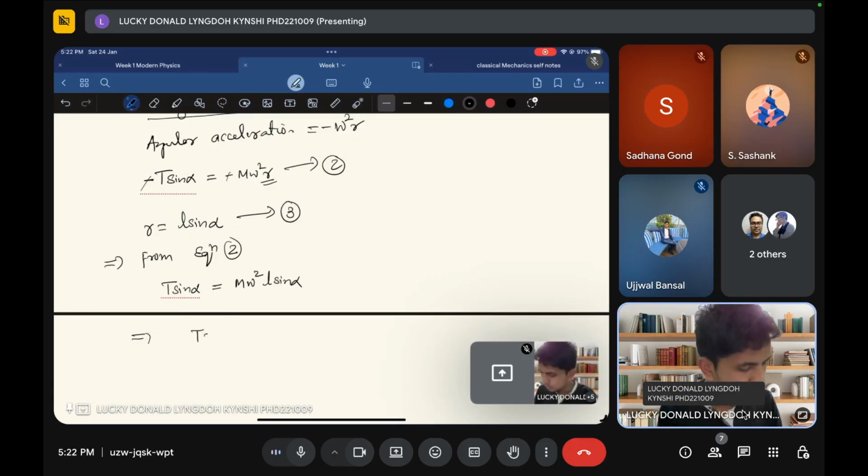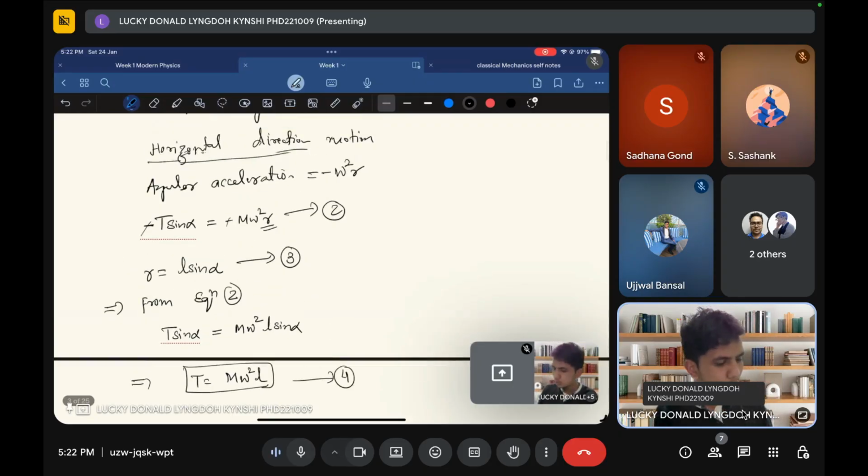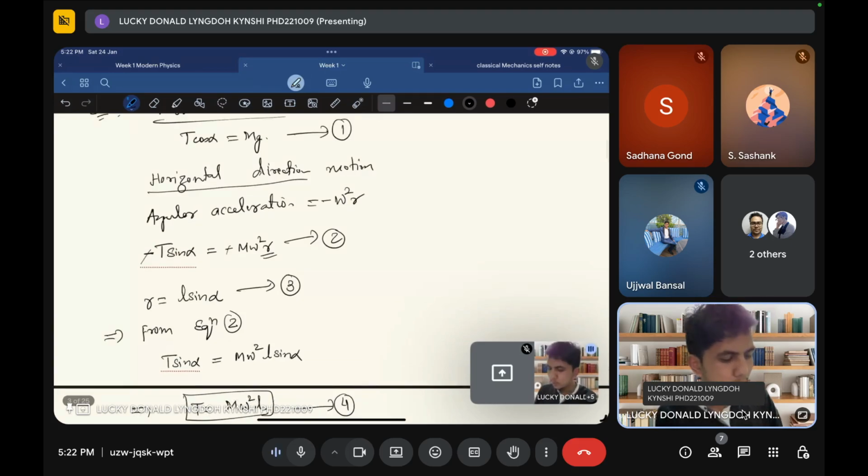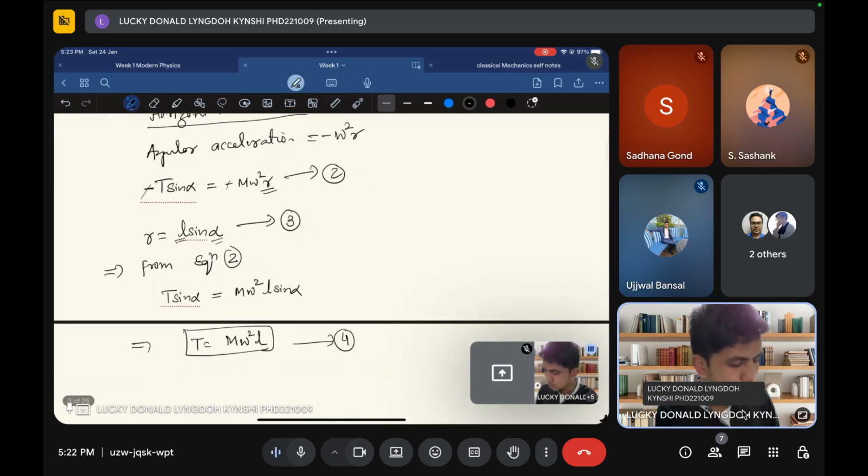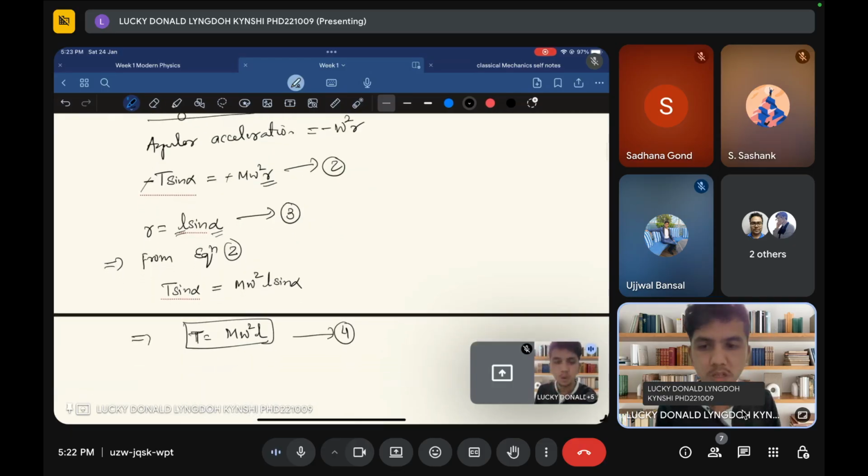So T is equal to m omega square L. Now this is equation 4. Remember that we need to equate equation 1 and equation 2. Now r is in terms of length as well as alpha, and we get the tension to be equal to m omega square L.